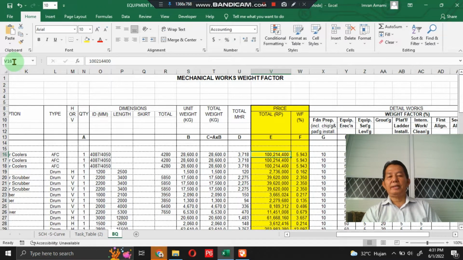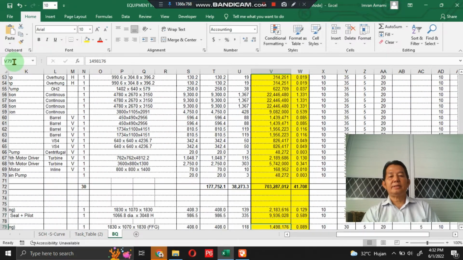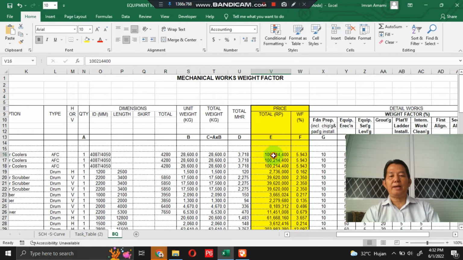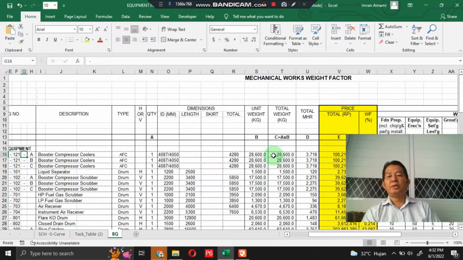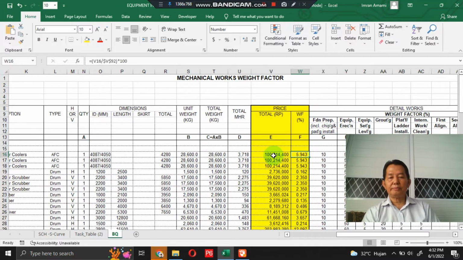Then we divide this contract price by the total contract price in cell V92, then multiply by 100, and we get the weight factor based on contract price for booster compressor coolers.